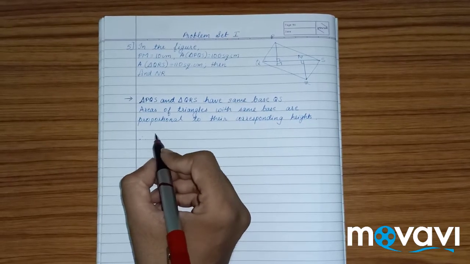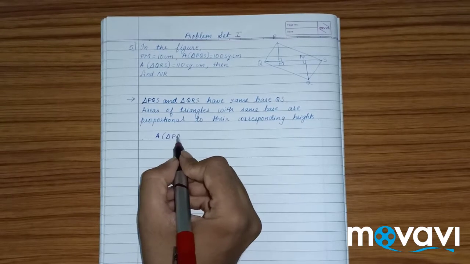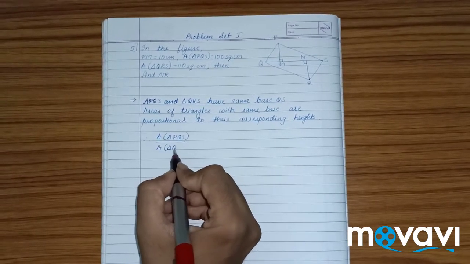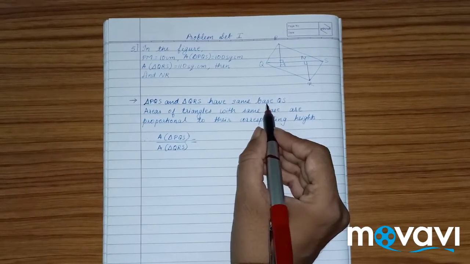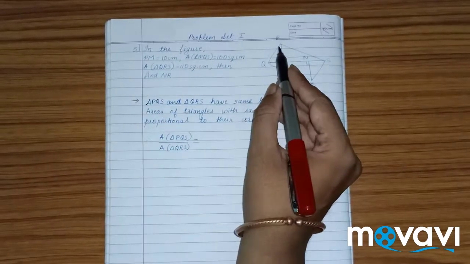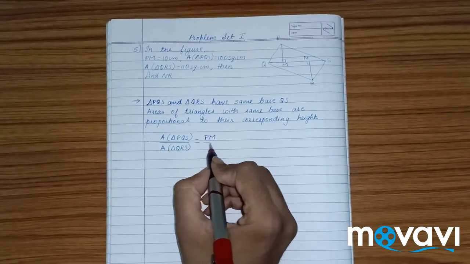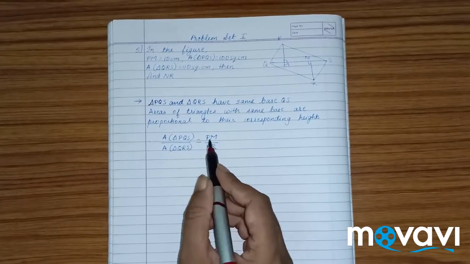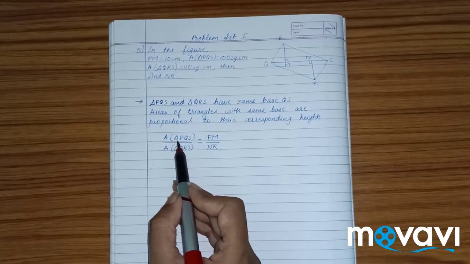Now I will take the ratio of their areas. Area of triangle PQS upon area of triangle QRS will be equal to, now they have got common base, so will be equal to their height. So for triangle PQS, what is the height? PM. So this is PM upon QRS, height is NR. Okay, so let us substitute the values. What is given to us for this area of triangle PQS?